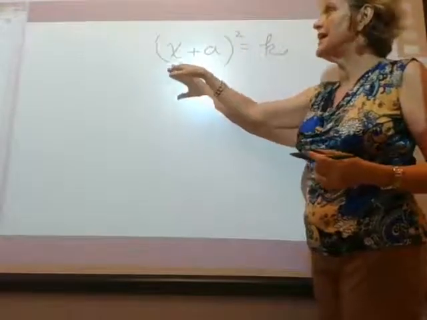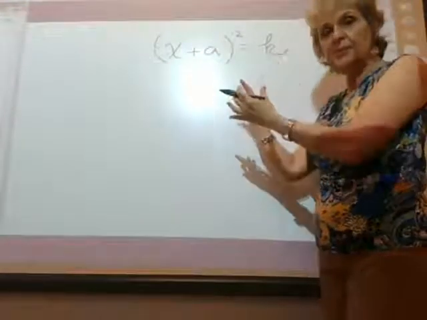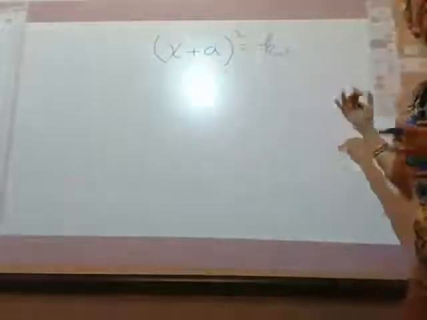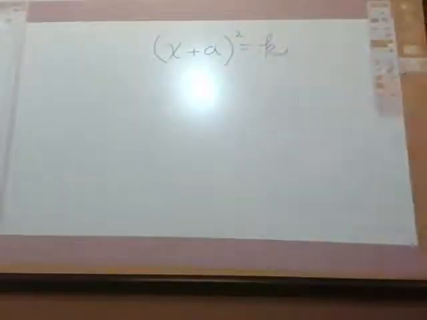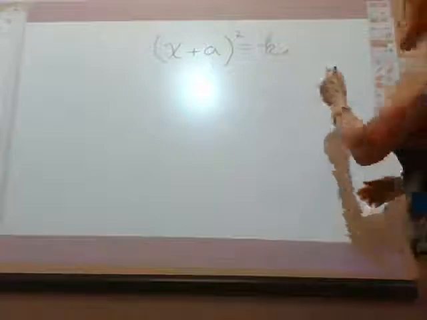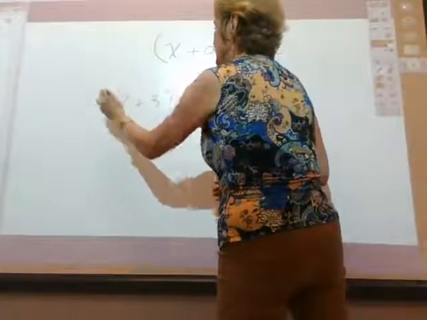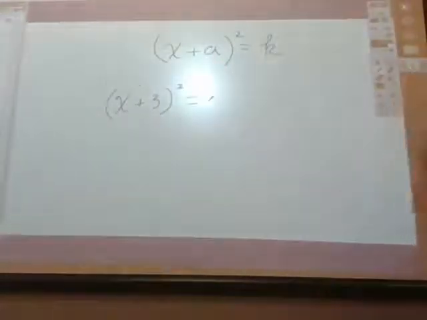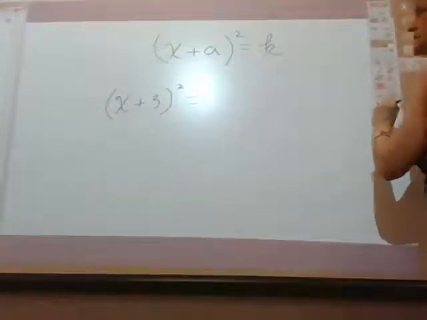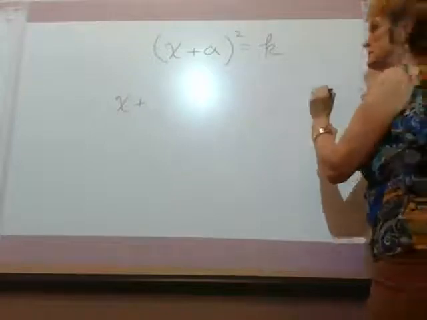This one you've got x plus some number in a binomial squared equals a value. And I'm going to teach you how to do these. So with example 3, we've got x plus 3 quantity squared equals, oh, excuse me, I got the wrong example. Let me make sure I do the one in the book here.